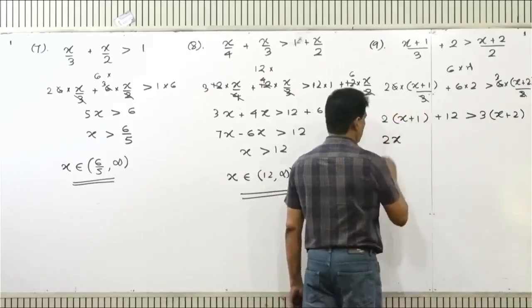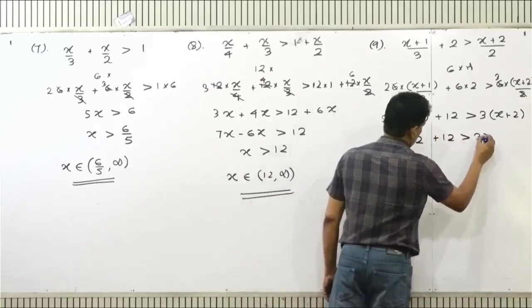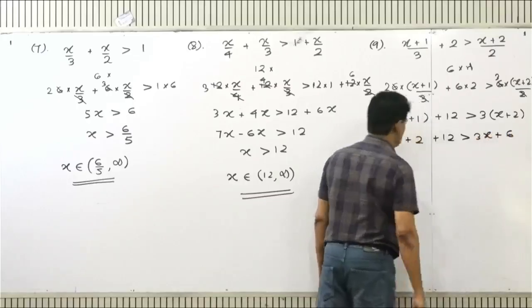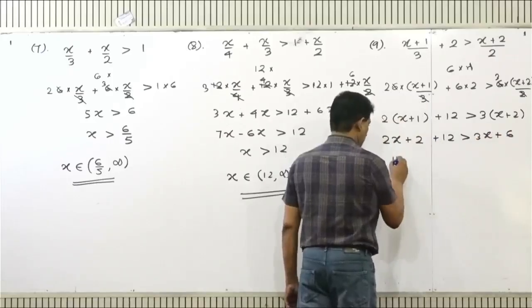Now we have to remove bracket, 2x plus 2, here 3x plus 6. 2 plus 12 means 14.